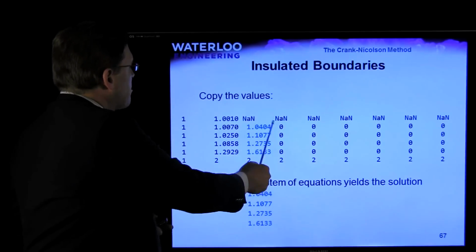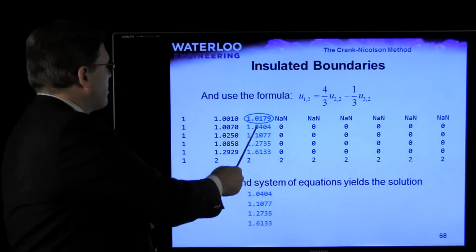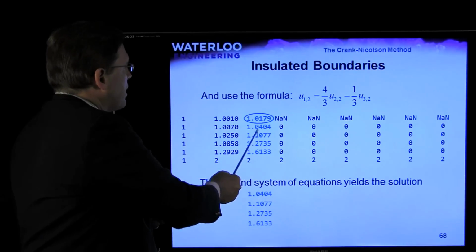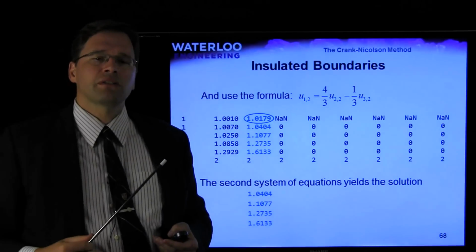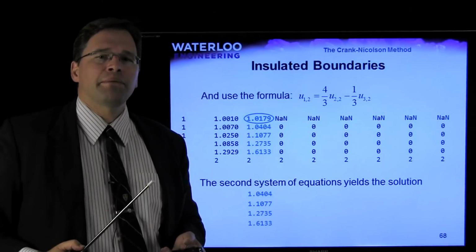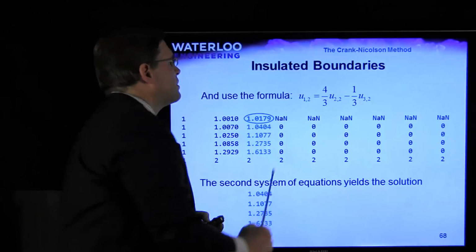Over here, it's heating up much more slowly. We can then again take 4/3 times that value, minus 1/3 that value, and that gives us the second boundary condition. We would repeat this over and over again for each time step t_k, k going from 2 to n_t.